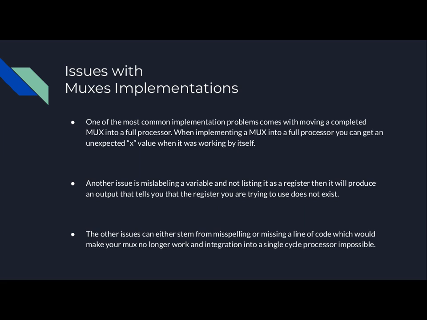But moving back to implementing just the mux, if you mislabel, say you label the register a wire, or the other way around, or you just miss that part entirely, it'll tell you that you're trying to use a register that doesn't exist because you never told it that what you're trying to use is a register.